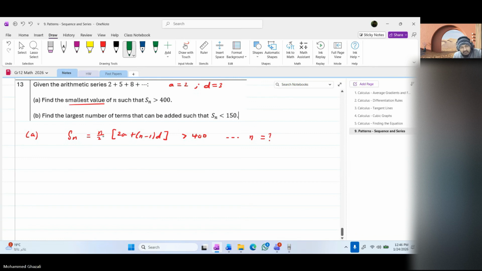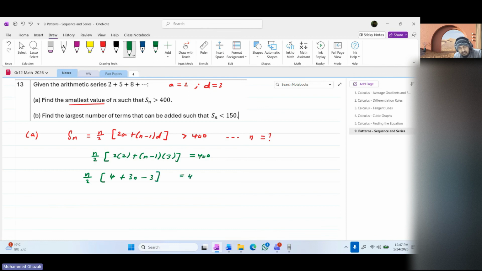Let's see. n over 2 remains n over 2 into 2a. 2 times a is 2 times 2, plus (n minus 1), what is d? d is 3, is equal to 400. Now, let's see how this equation turns out to be. 4 plus 3n minus 3, not minus 1.